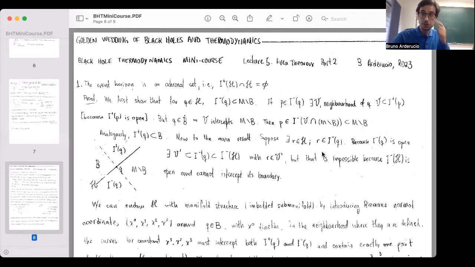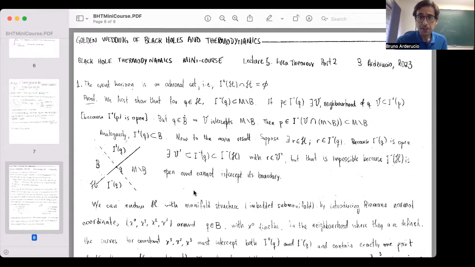then you suppose that R is in the chronological past of Q. Now, again, you'll use that I minus of Q is open. So there is a neighborhood contained in the chronological past of Q that is contained in the past of the horizon.